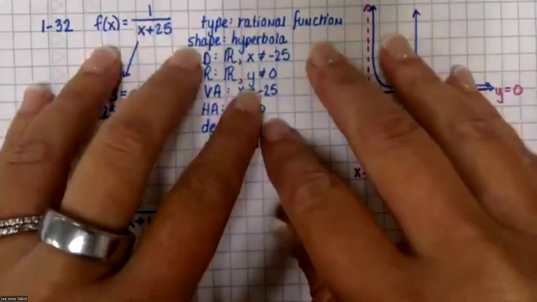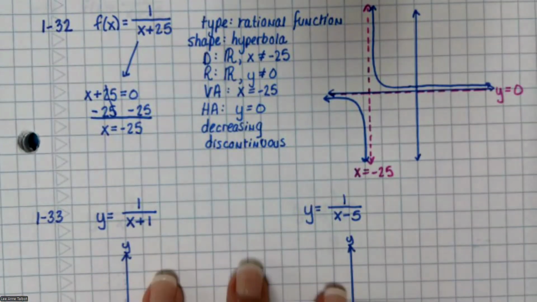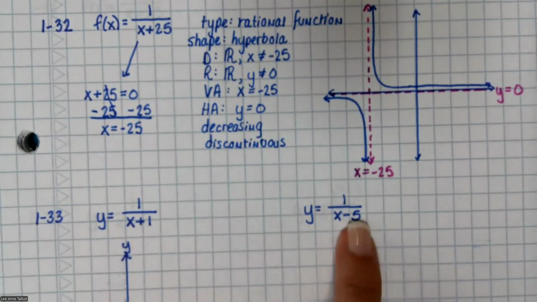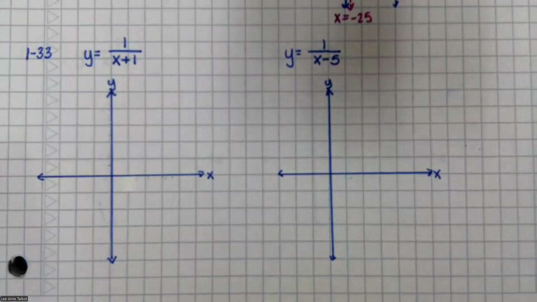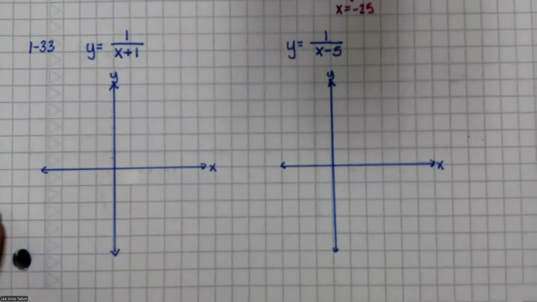Okay, if you have this right next to you, do you think you can do these two? Now, these two are different because these two can actually be graphed properly, like actually at -1 and +5. So I want you to give these two a go with your table group.